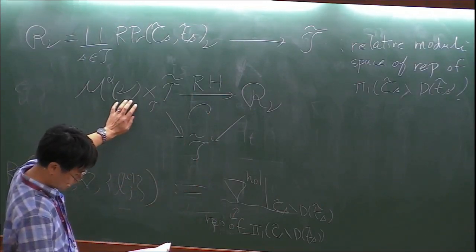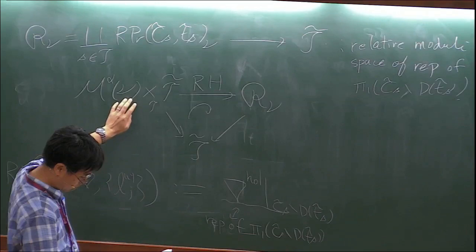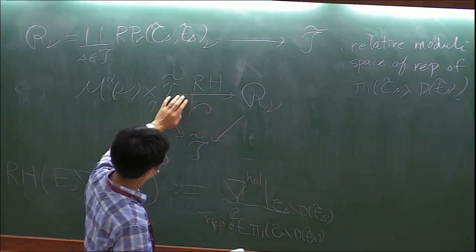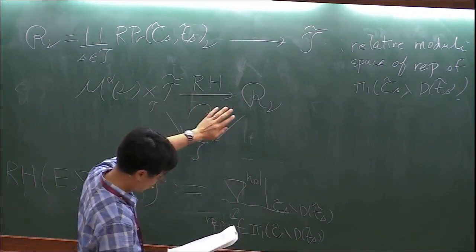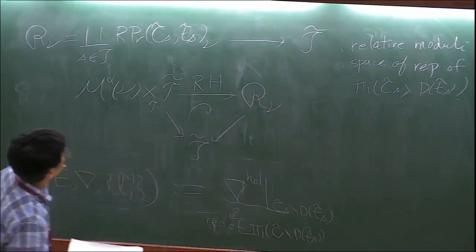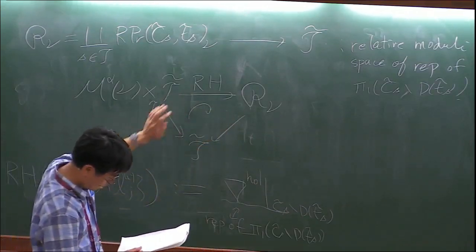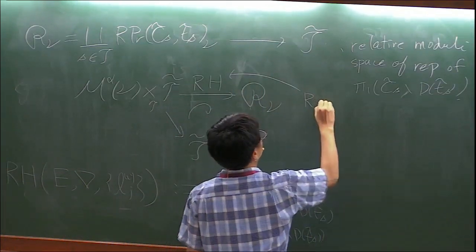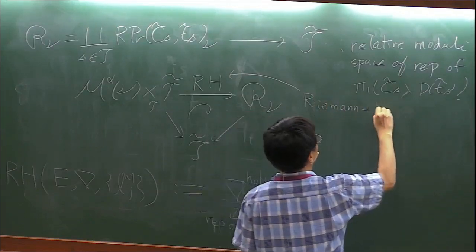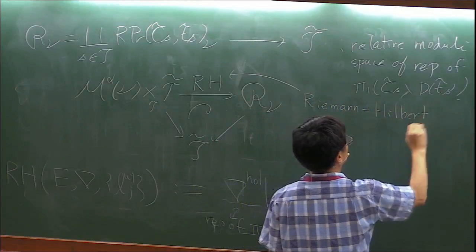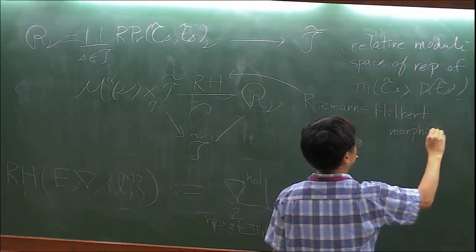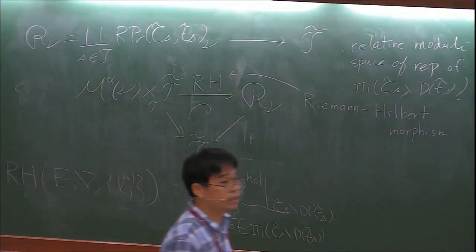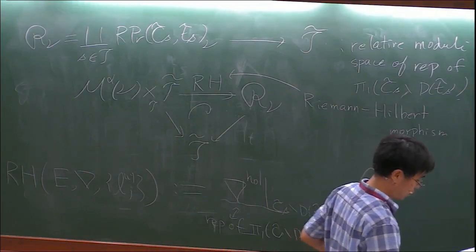This Riemann-Hilbert morphism is almost an isomorphism, but there is some exceptional divisor, an exceptional locus. So this is a bimeromorphic morphism. This Riemann-Hilbert morphism is a highly transcendental morphism and never an algebraic morphism.